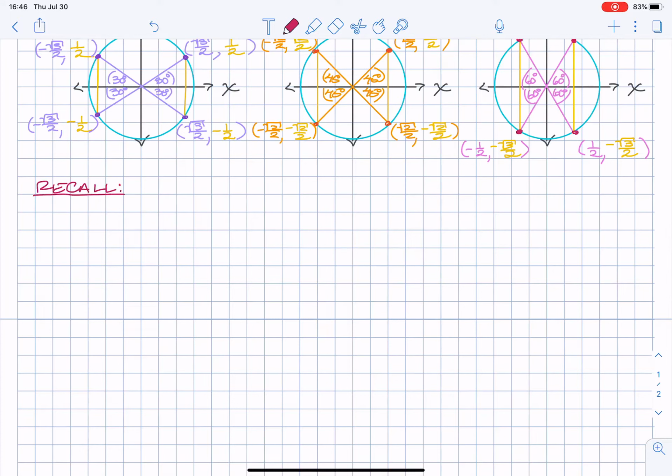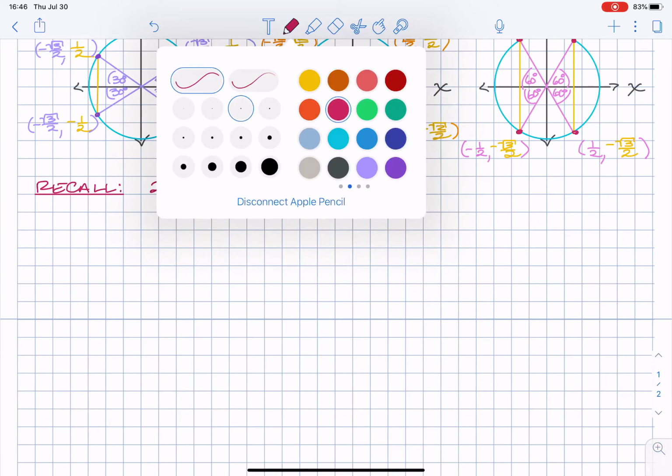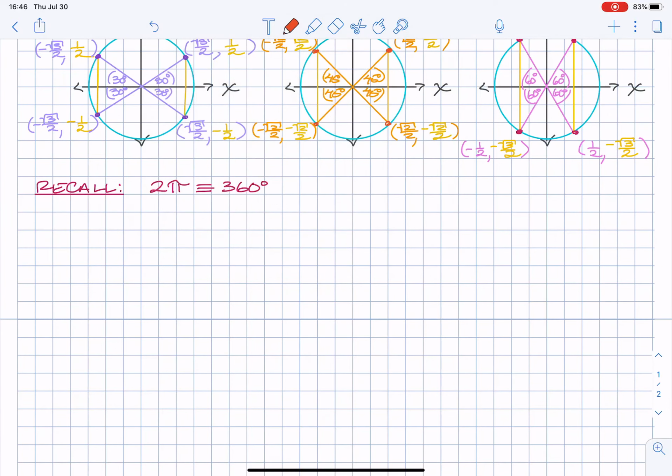2 pi radians, which is 2 pi r, is a full circumference, meaning it's equivalent to 360 degrees. It's a full circle. So dividing this by 2, half a circle, of course, is equivalent to 180 degrees.